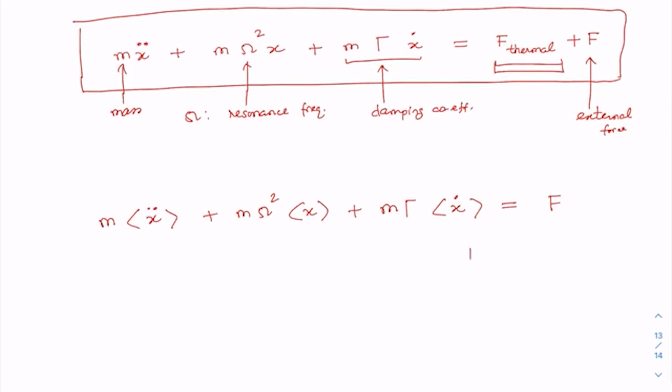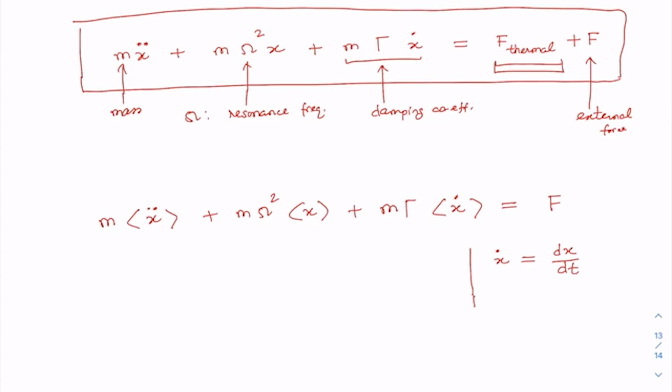And by the way, let me just clarify that when I say x dot, I mean the time derivative of x. Now it's always better to work in the frequency domain.